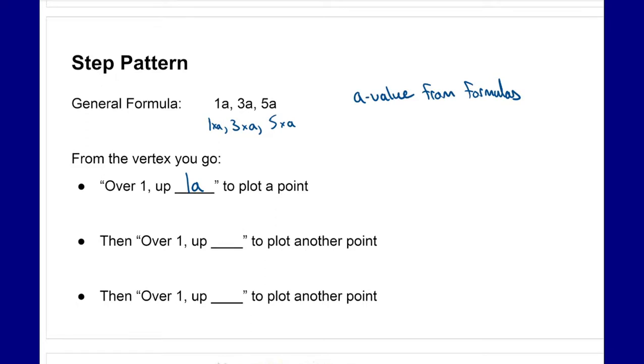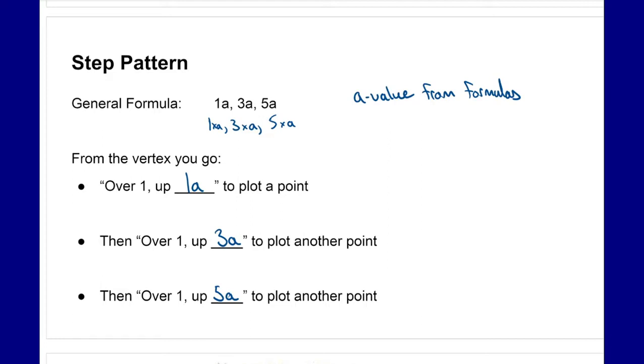For our next point, from that point we go over 1 again, and then up 3A, or 3 times A. We plot another point. And from that point, we go over 1 again and up 5A, or whatever 5 times the A value is.